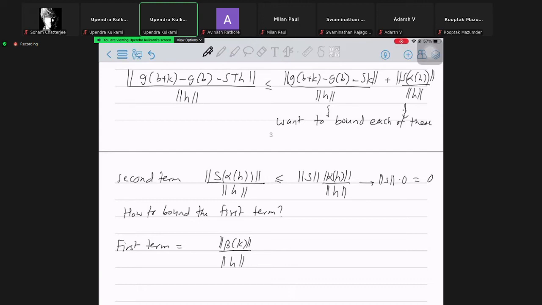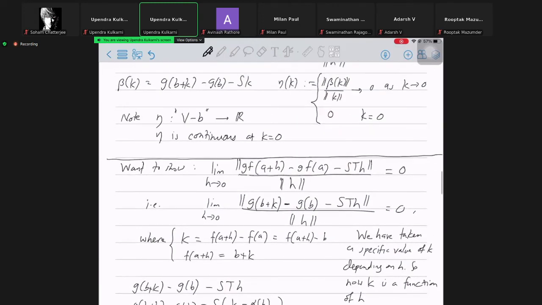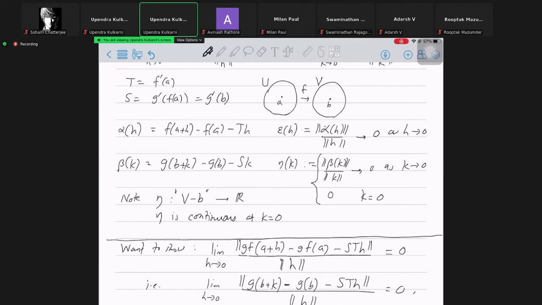What you do is, instead of dividing, you do this multiplicatively. And that is the reason why we introduce this function eta. Note that I always have norm beta of k equal to eta of k times norm k. Of course, I have to put norms. Remember, eta is a real valued function. So at the expense of this finite factor eta of k, I can replace beta of k by norm k.